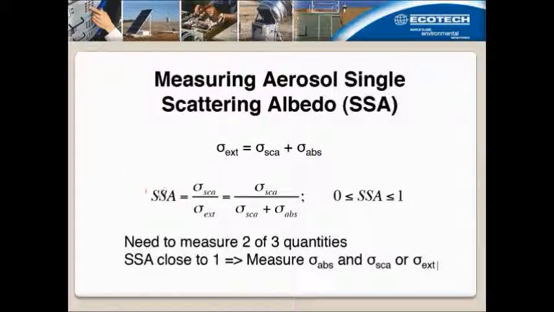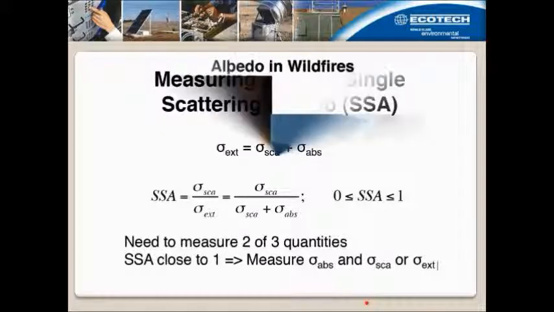The single scattering albedo is the scattering divided by the extinction, and it's typically a value between 0 and 1, because the extinction is scattering plus absorption. So of course you need to measure scattering and absorption, out of these three quantities, to define the single scattering albedo.